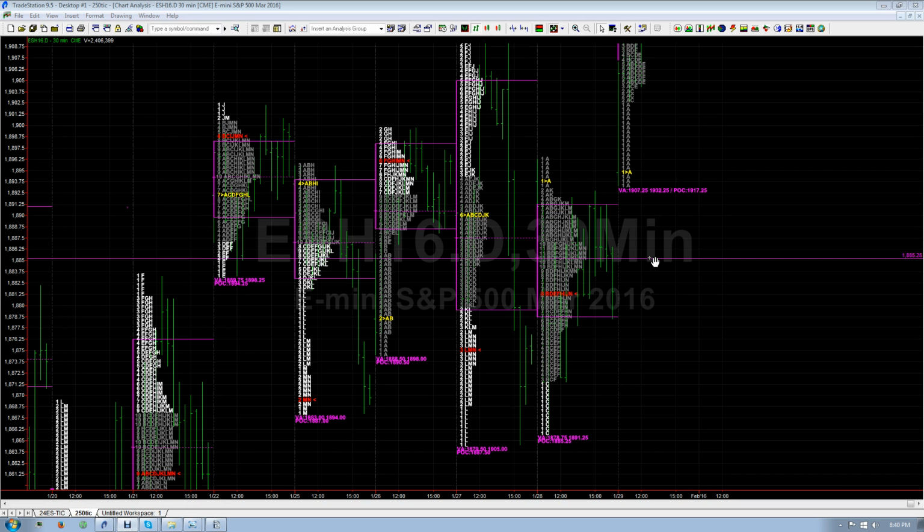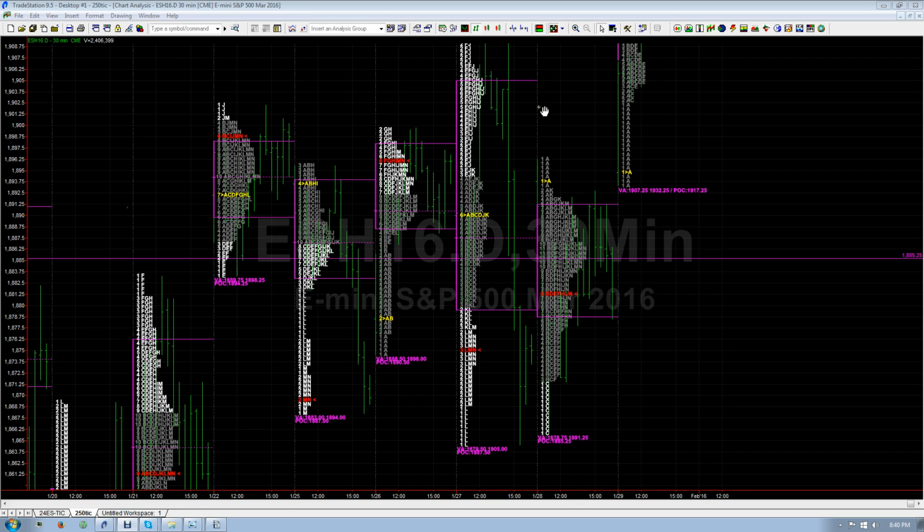So let's talk about the opening test drive now. An opening test drive, let's say the market opened up here, in range or a little above range, and it went up to this day's value area high, and it couldn't break through.